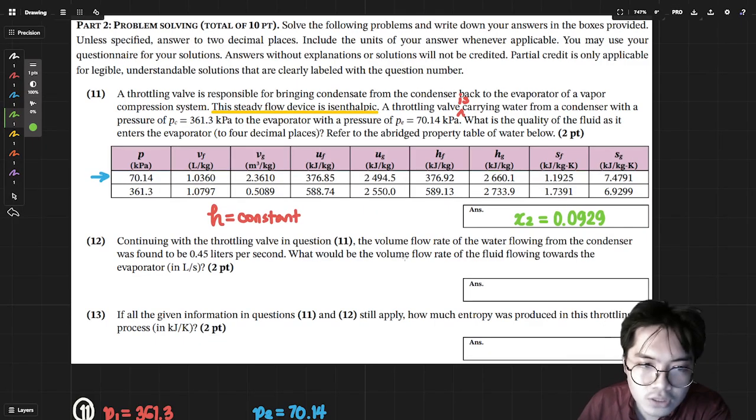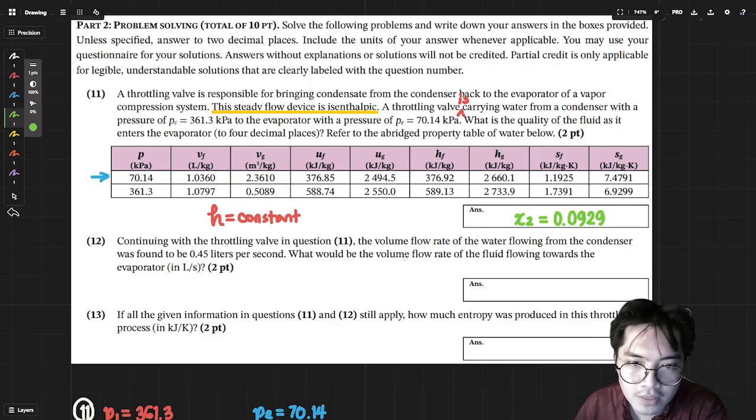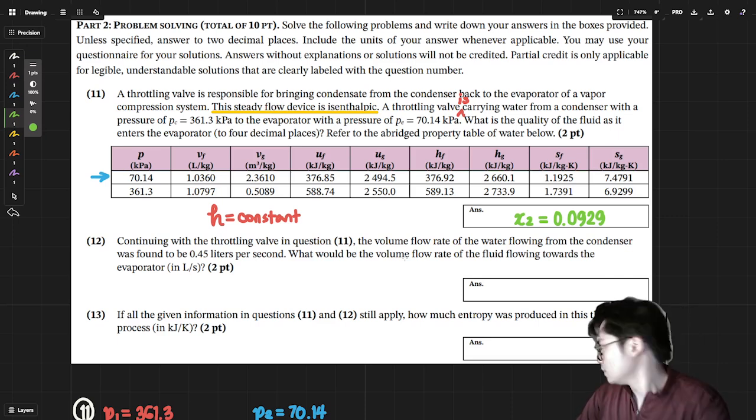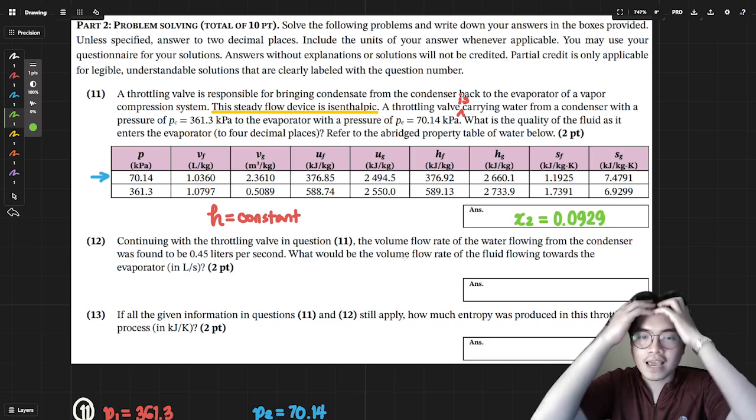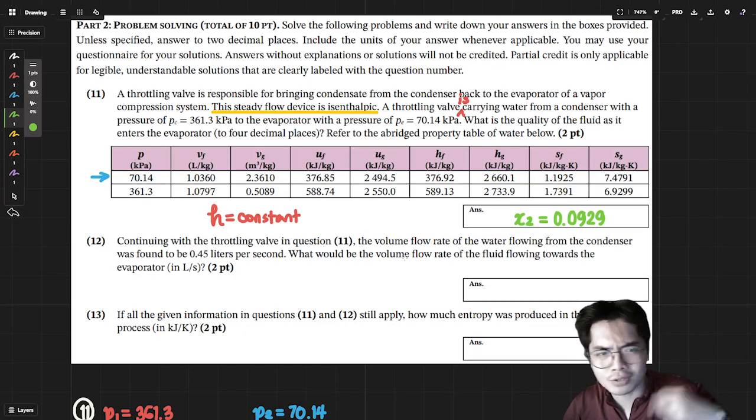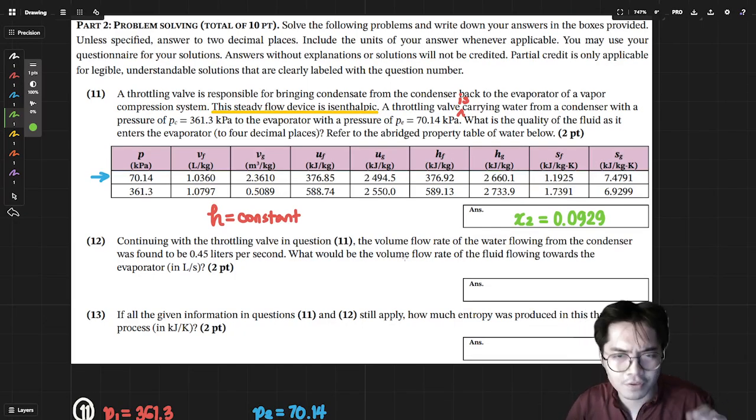All right. Number 12, continuing with the throttling valve in question 11, the volume flow rate of the water flowing from the condenser was found to be 0.45 liters per second. What would be the volume flow rate of the fluid flowing towards the evaporator in liters per second? A lot of people have answered here 0.00 something. If you think about it, why?